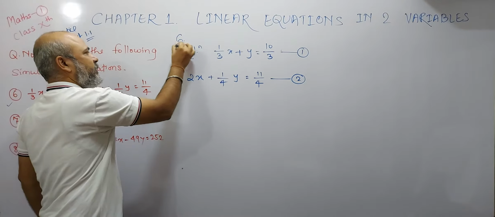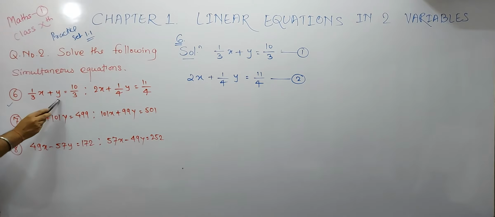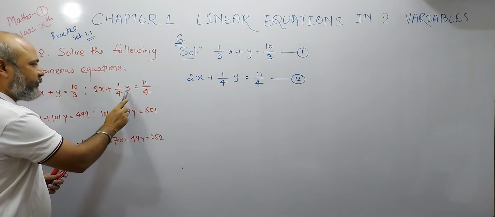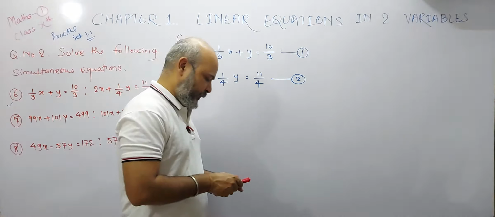Question number 6. The first equation is 1 upon 3x plus y is equal to 10 upon 3, and the second equation is 2x plus 1 by 4y is equal to 11 by 4.